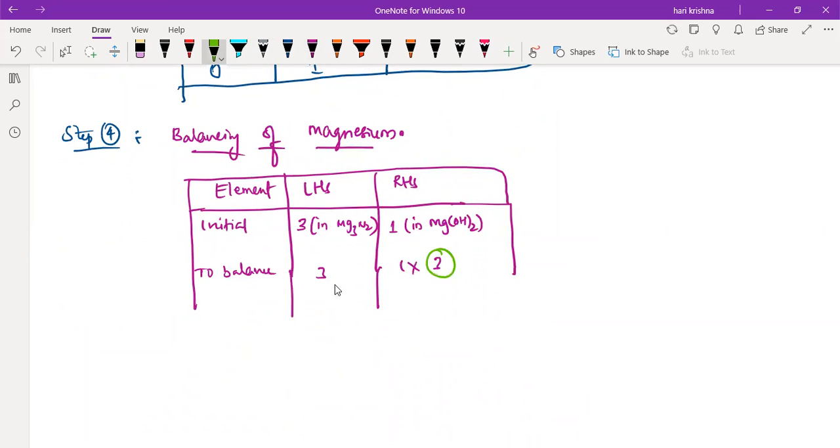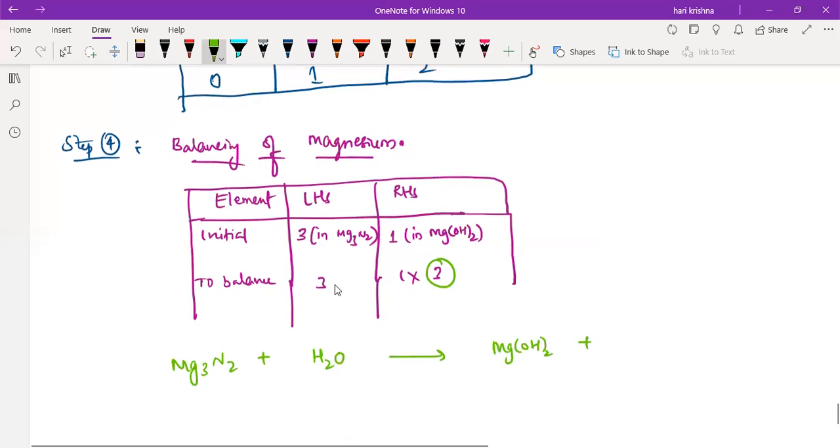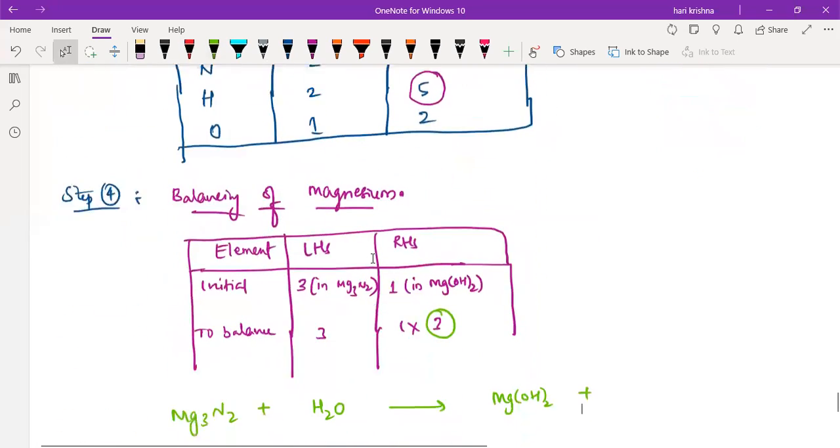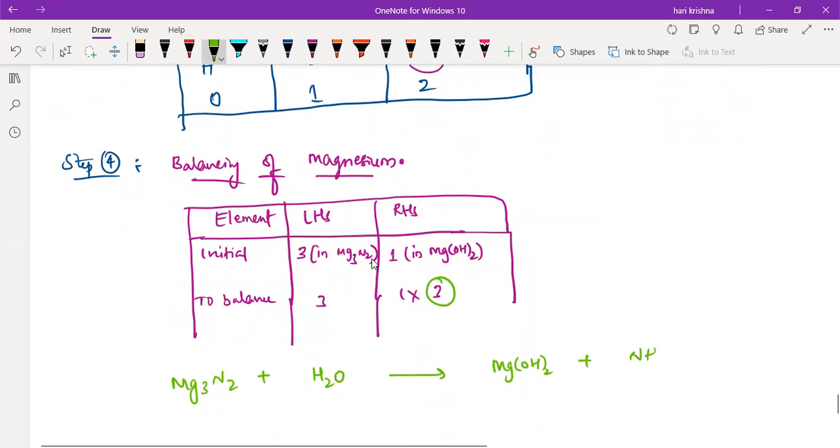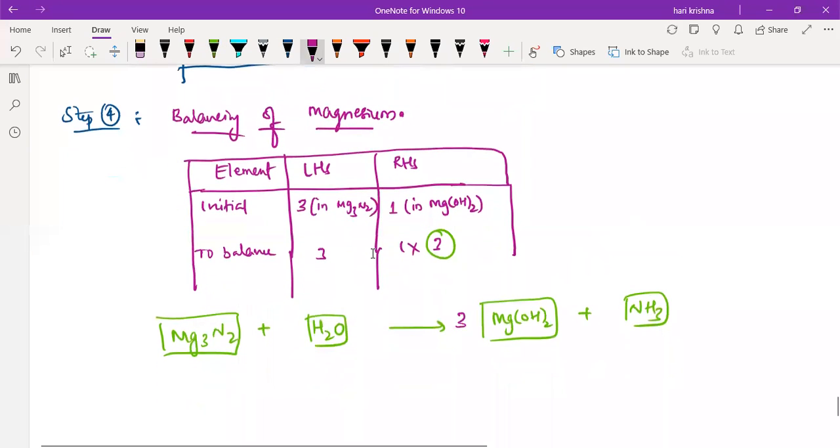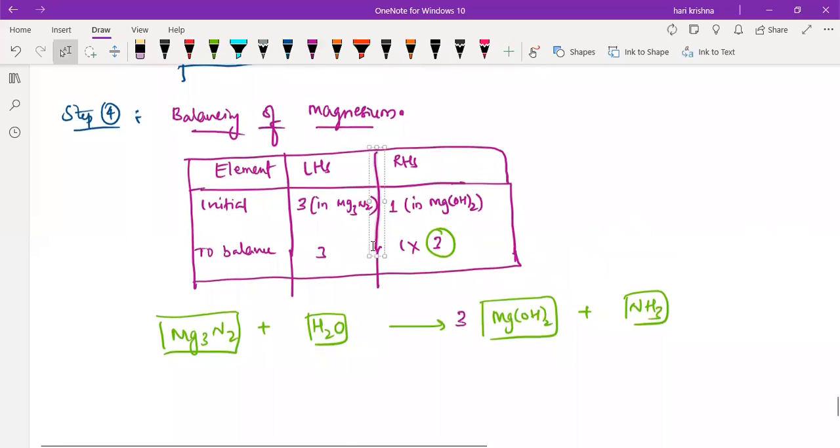So I have to multiply the magnesium hydroxide with 3. Then the equation part: Mg3N2 plus H2O gives 3 Mg(OH)2 plus NH3. So we multiply the magnesium hydroxide with 3.